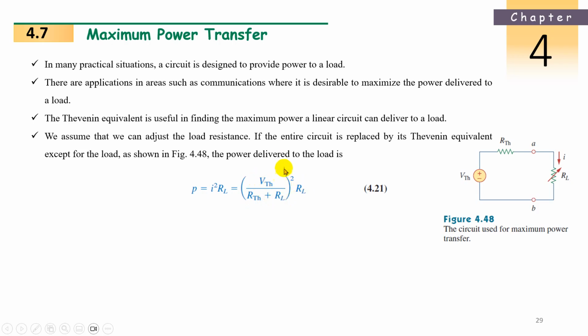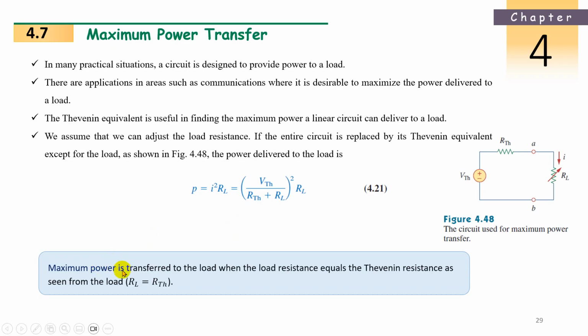It becomes V Thevenin power 2 divided by 4 times R Thevenin. So maximum power is transferred to the load when the load resistance equals the Thevenin resistance as seen from the load, RL and R Thevenin. I am varying the RL, and when these two resistances are equal, only then will the current be maximum. When current is maximum, power is maximum. So when these two are equal, then only maximum power is transferred.